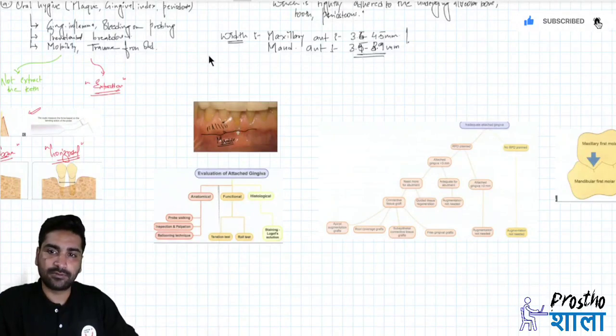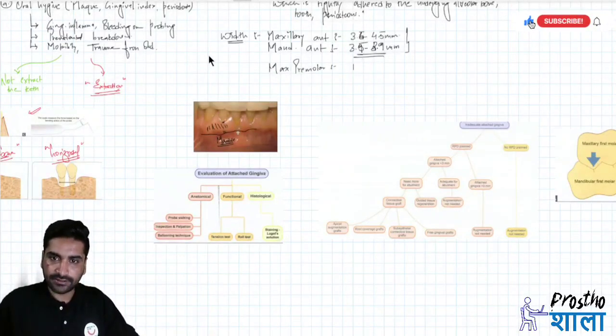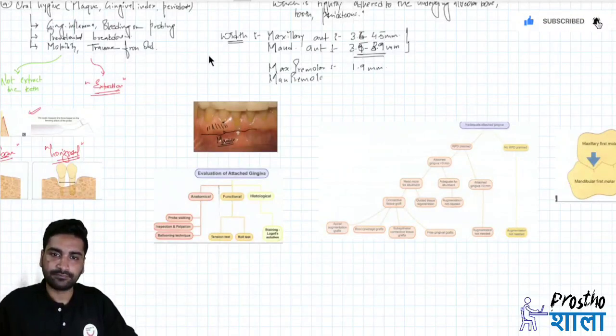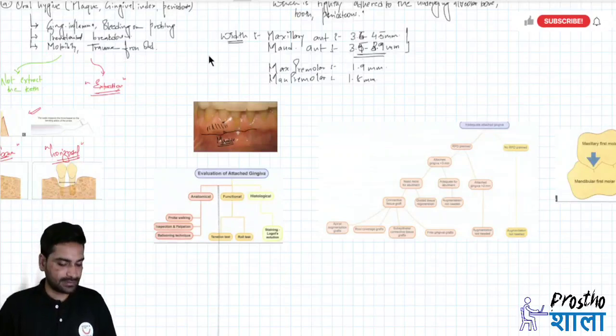And this was about the anteriors. If we talk about the maxillary premolar areas, it is about 1.9 millimeters on average, and for mandibular premolars it goes around 1.8 millimeters. So this is the normal width of the attached gingiva.